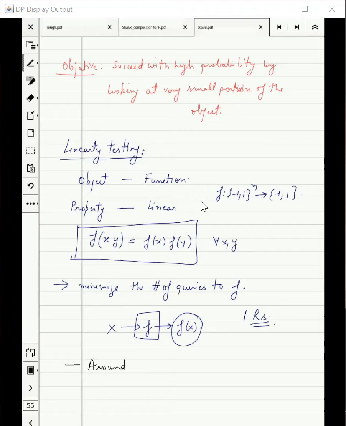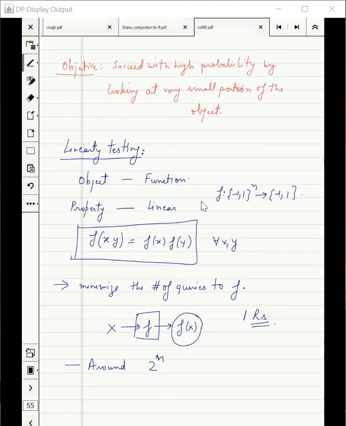Because whatever you have not queried, I can modify so that the function doesn't remain linear for that particular input, right? That's not a very interesting problem. We will change the problem, simplify it again, but we want a better guarantee.